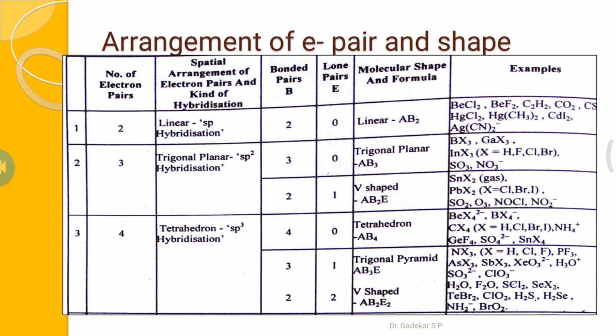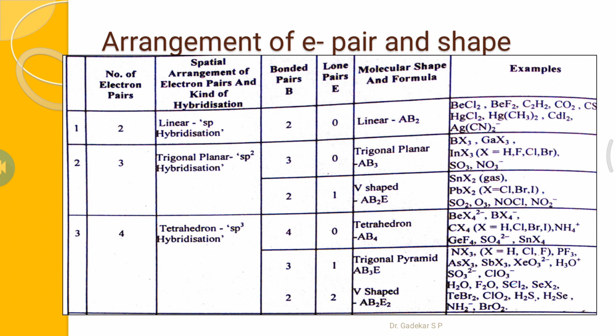In the second case, containing 2 bond pairs and 1 lone pair, the shape is V-shape. Example: tin dichloride in gas state, lead dichloride or lead bromide, etc. These are examples of V-shape molecules.